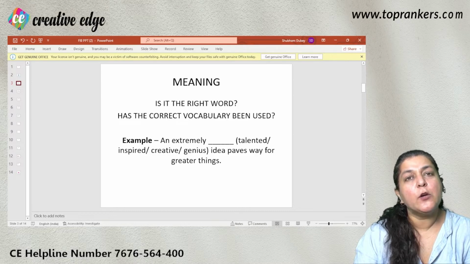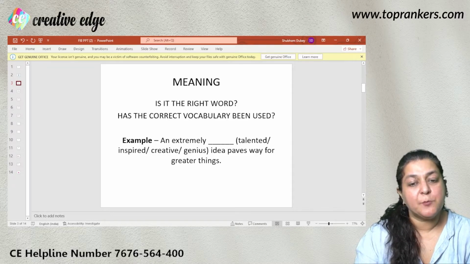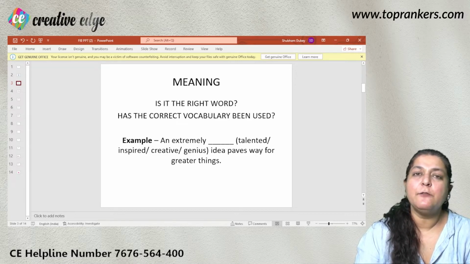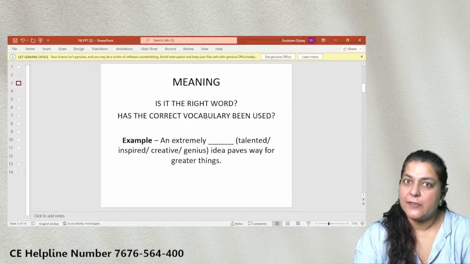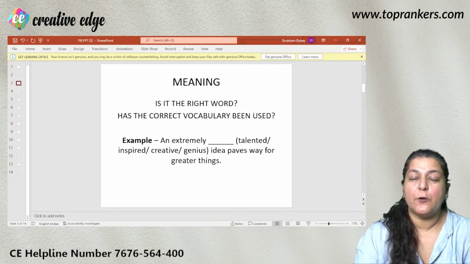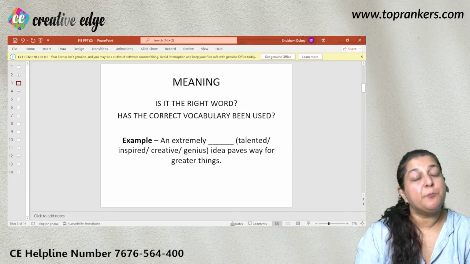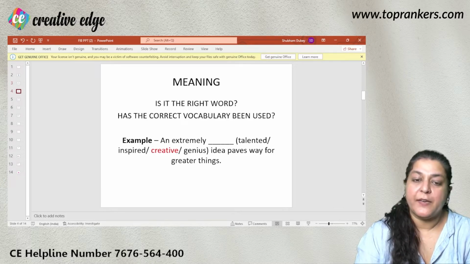When we are talking of an idea, it has to be something creative, inspired, genius, or talented. In the first go itself, you will be able to chuck out genius and talented. And if it is an idea, it is an inspiration in itself, so it cannot be inspired. So the word that fits there, despite all of them being synonymous or similar sounding words, is creative.